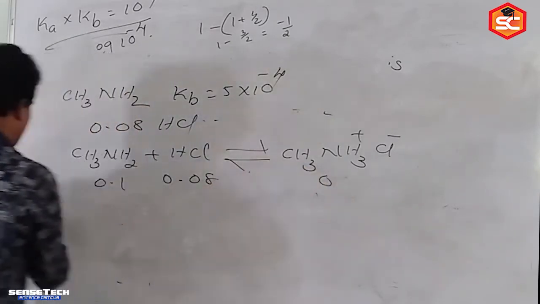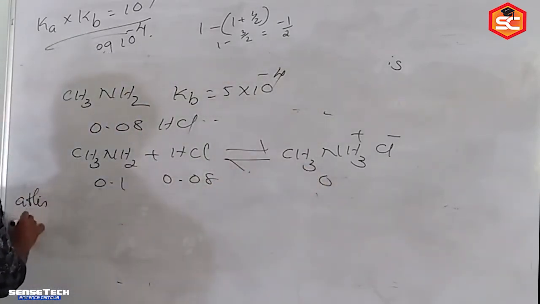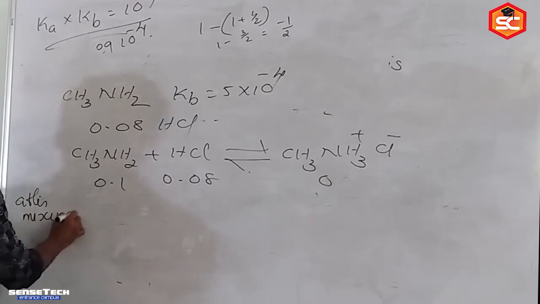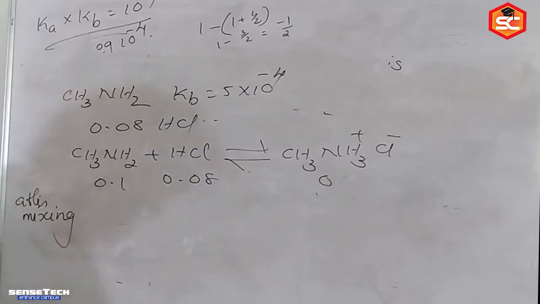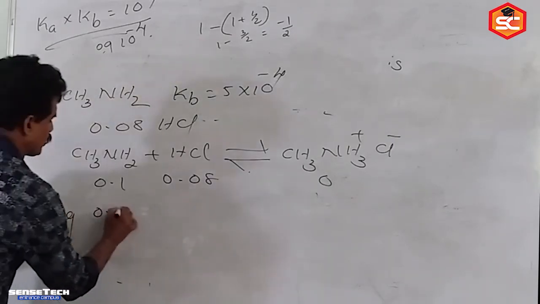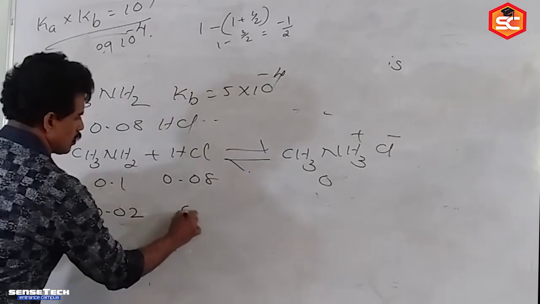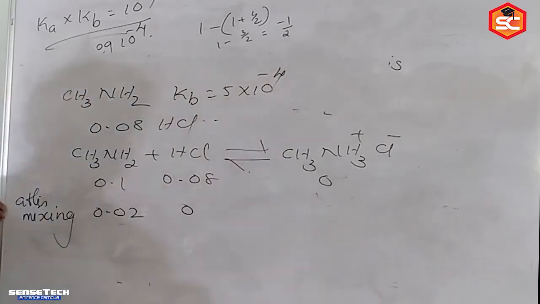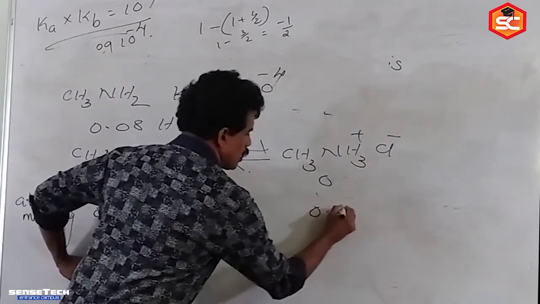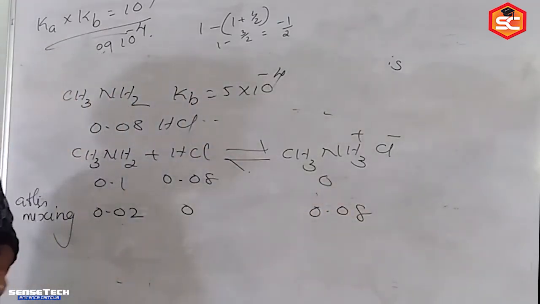Then after mixing, what is the change in concentration? The acid will be fully consumed, 0.08, so 0.02 of the base remains, and 0. Then the ammonium salt formed is 0.08 after mixing.